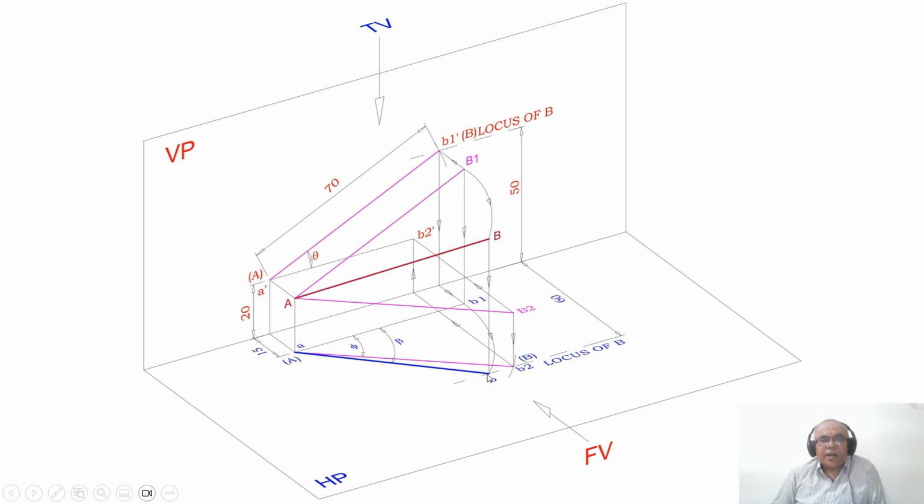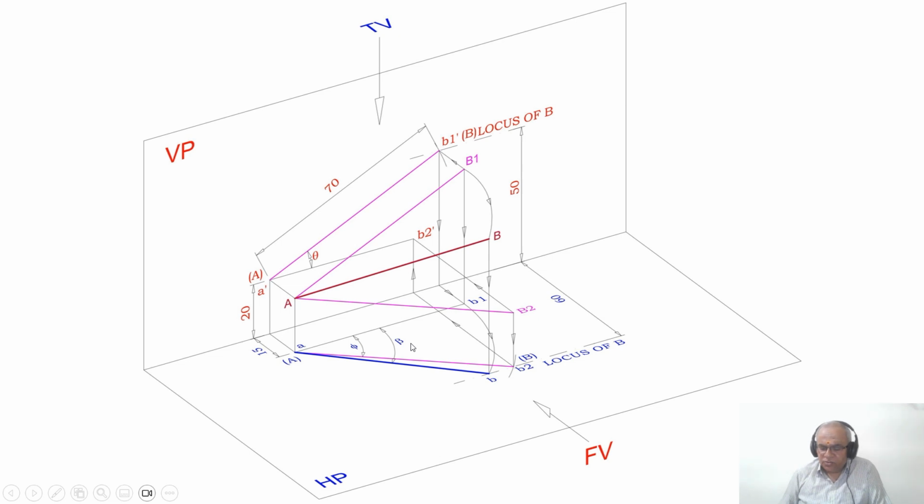Once you get this point, we will call this small b. Then join A to B with a dark line. So this is how you will be able to find the top view for this problem, and you write the notation as beta.